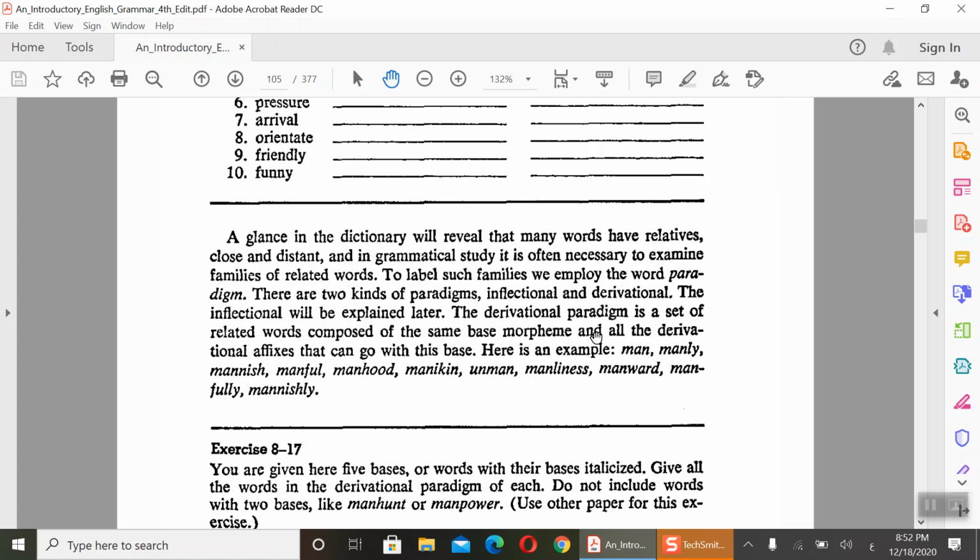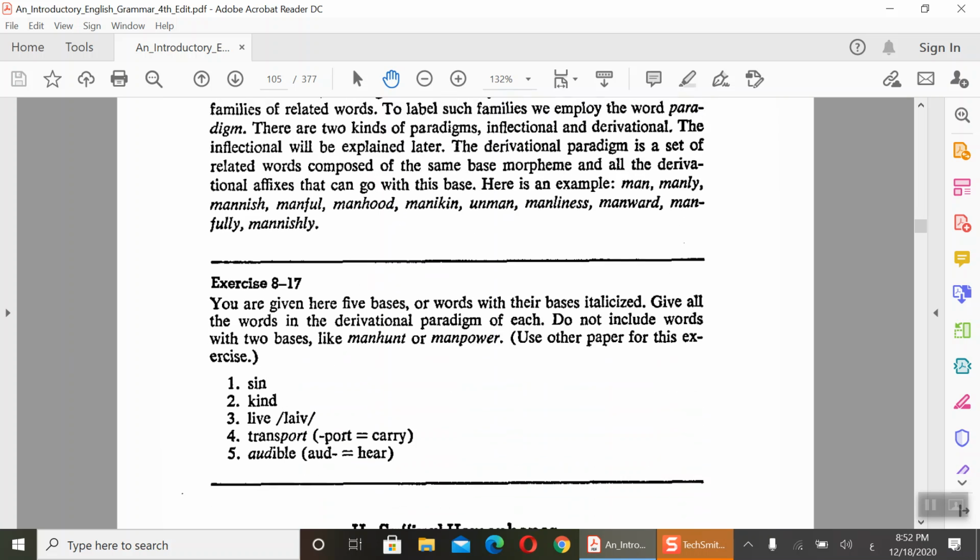So here, this is what a derivational paradigm is. Man is what? Base. Okay, and with all derivational affixes. Manfulhood. Okay, these are what? These are derivational.